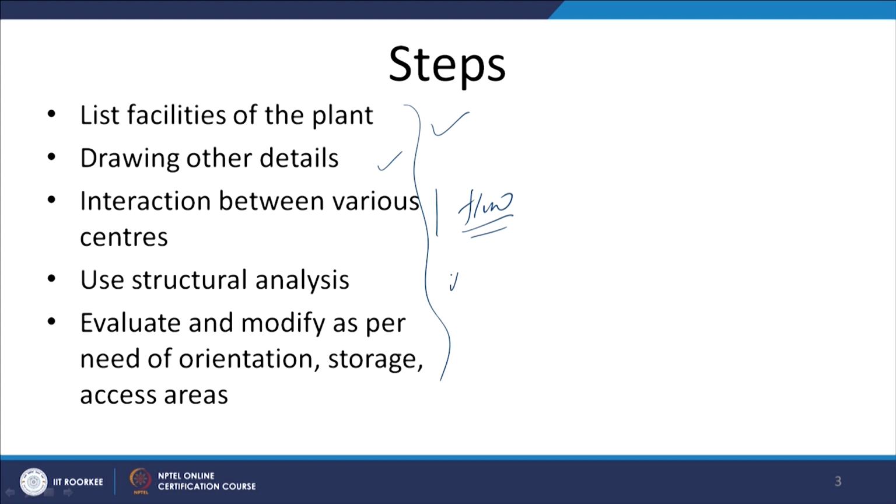Then we analyze this information to see how things can be arranged so that the distances to be travelled and the cost on account of material handling are reduced. After the analysis, the proposed layout is evaluated to see its effectiveness, and if desired it is modified. At this stage we also keep in mind any specific orientation requirement, space requirement, or special access areas to be given.